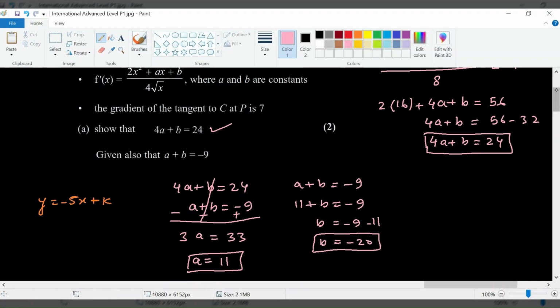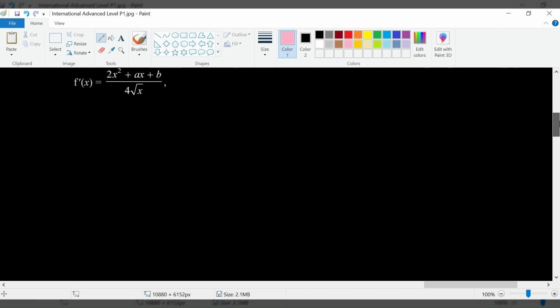Now that we know the value of a and b, we are going to substitute this in the provided function. So I will write the same by substituting the value of a and b. I can write 2x squared plus 11x and minus 20, and I will write this one as 4x to the power 1 over 2.